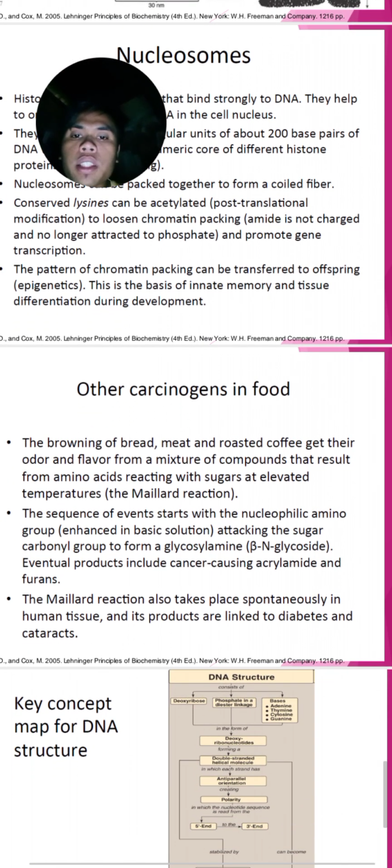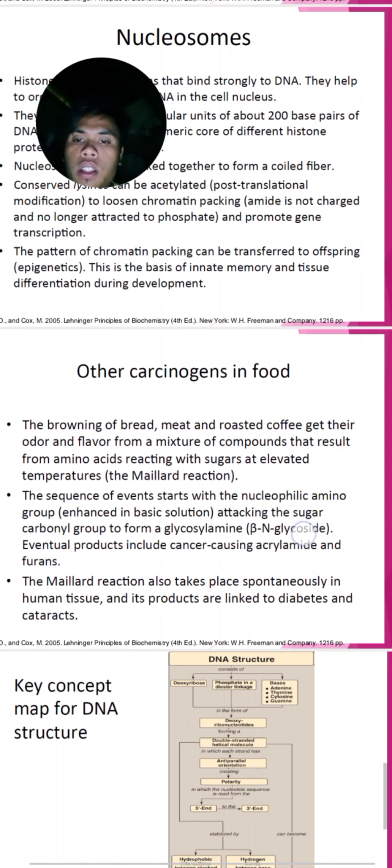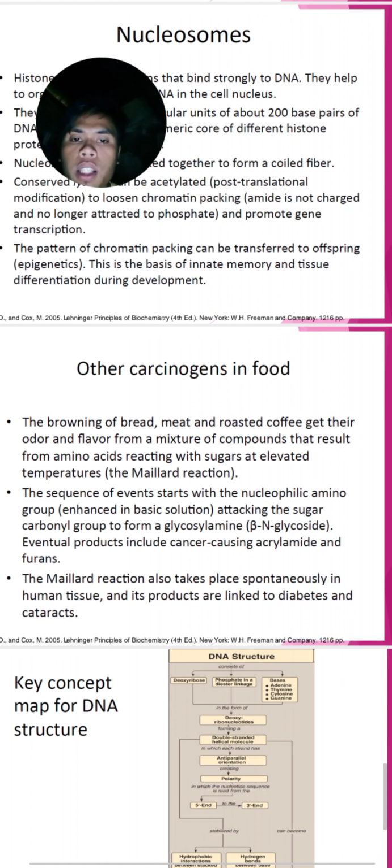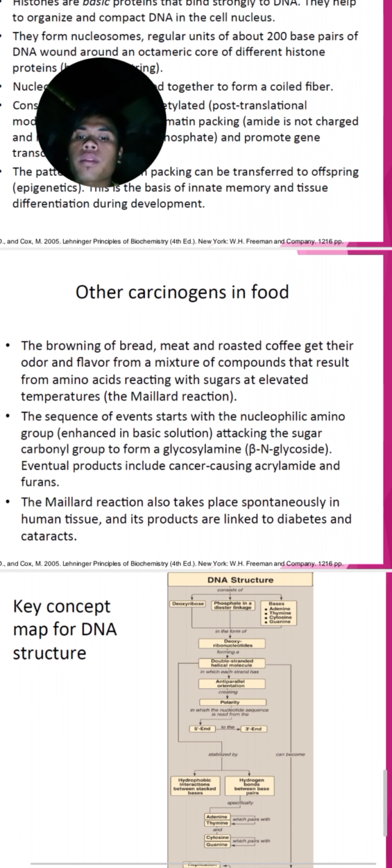So, other carcinogens in food: the browning of bread, meat, and roasted coffee get their odor and flavor from a mixture of compounds that result from amino acids reacting with sugar at elevated temperature. This is called the Maillard reaction.